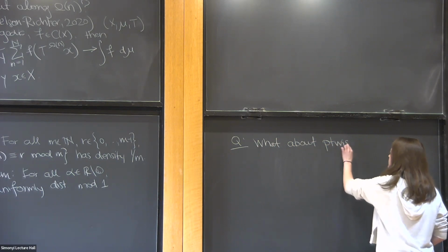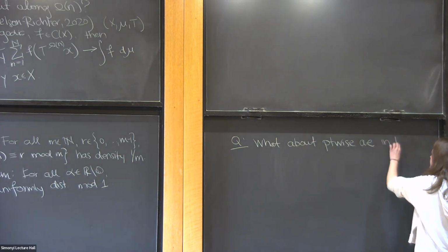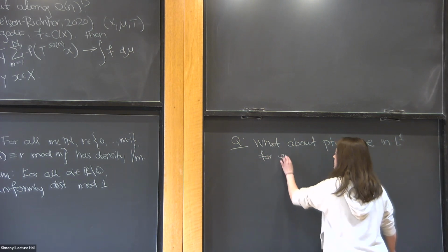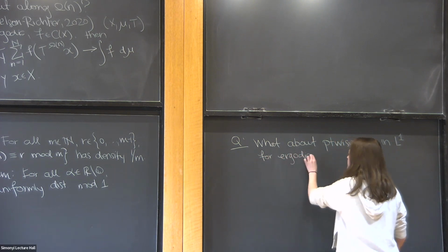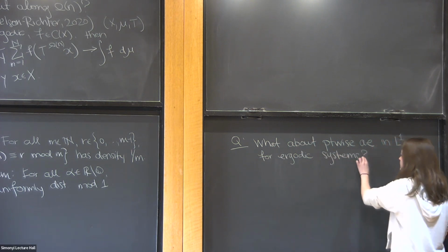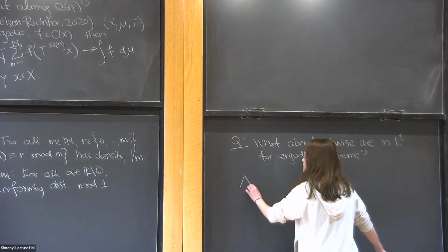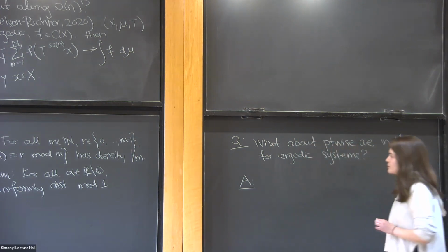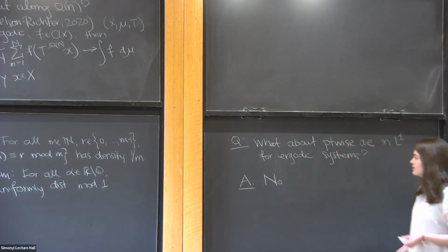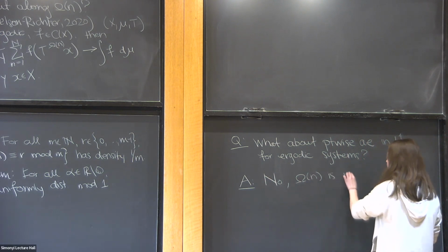So let's say we asked about pointwise almost everywhere convergence in L1, and then relaxing to just ergodic systems. Short answer: this was recent work of mine to show that the answer here is actually no, convergence does not hold. And in fact, omega n is universally bad.